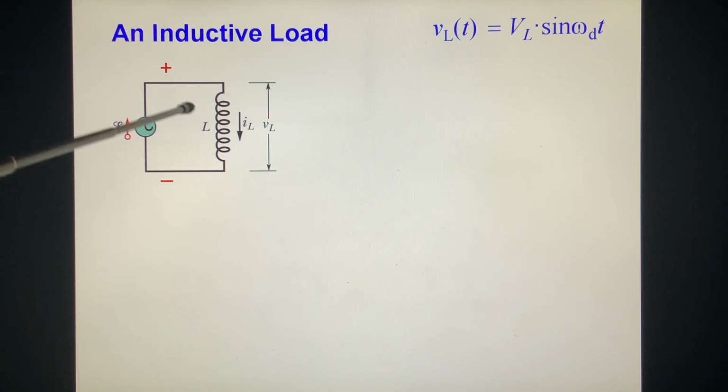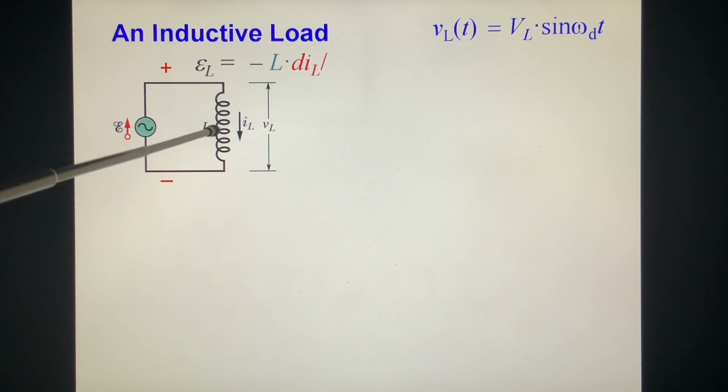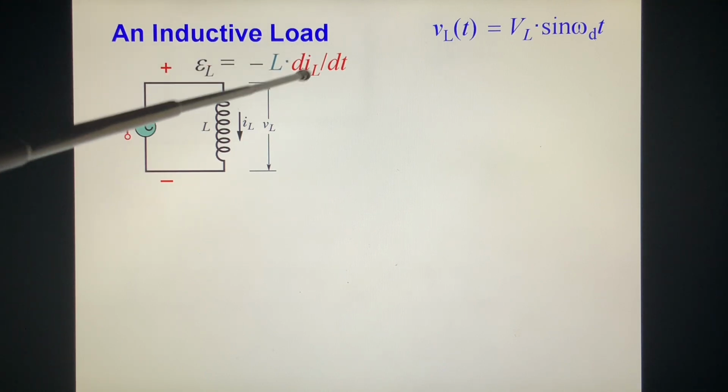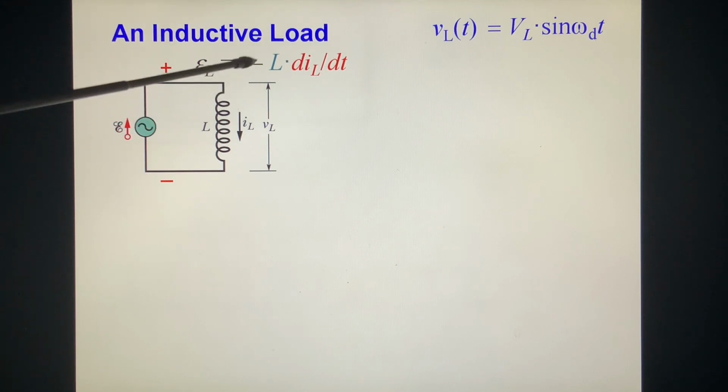Then we know the induced electromotive force for this inductor is minus L di dt. Now, the magnitude is L di dt. This is positive, this is negative from Lenz's law.